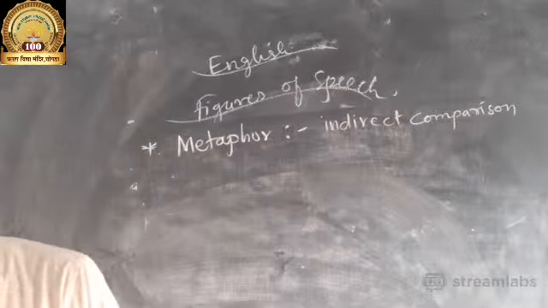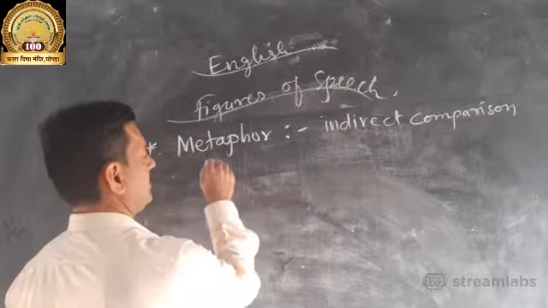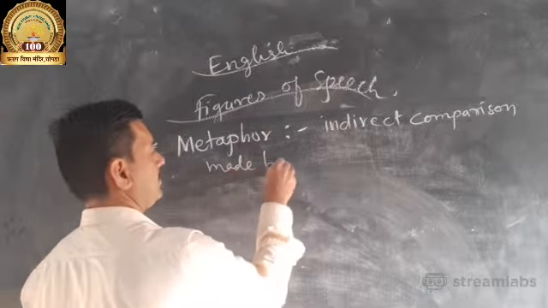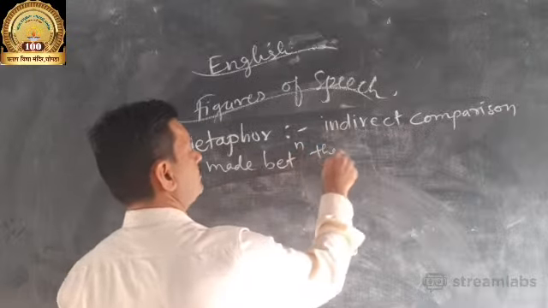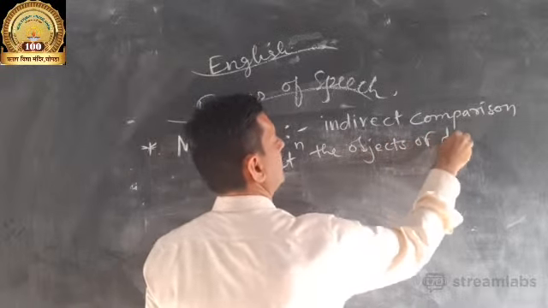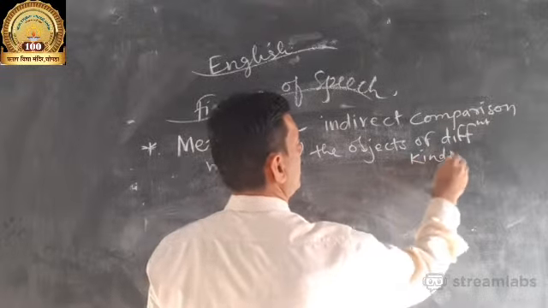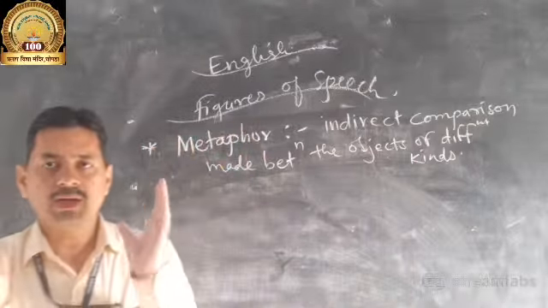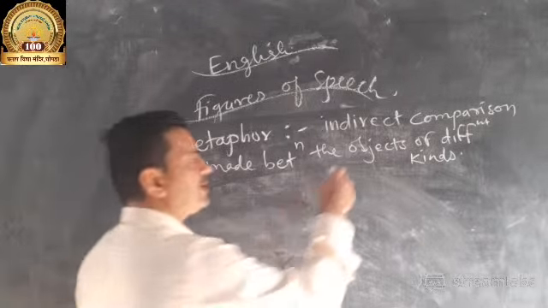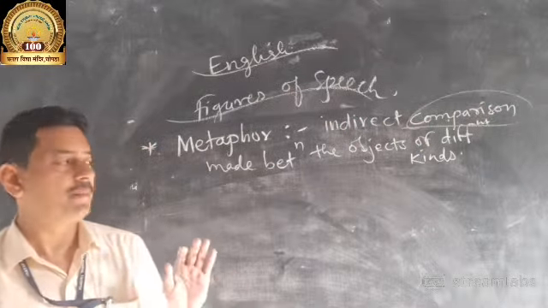is made between objects of different kinds. Indirect comparison made between objects of different kinds. Now here you can find that there is a comparison. So what is comparison?